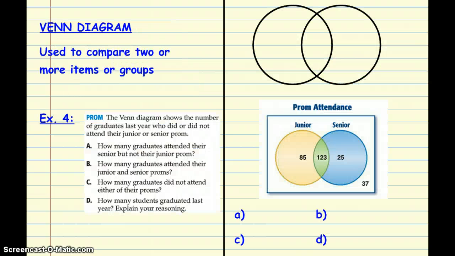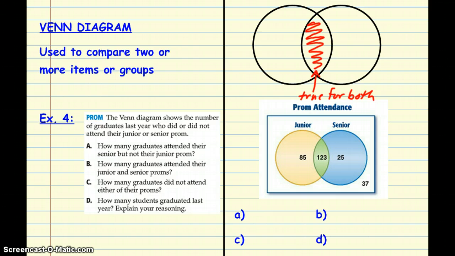All right, last thing to talk about is a Venn diagram. Just as a quick reminder, a Venn diagram is used to compare two items or groups. In the example that we're going to do shortly, we're going to compare the junior and senior class. As a reminder, the stuff that's in the middle here is where they overlap, or true for both of whatever it is that you're comparing.